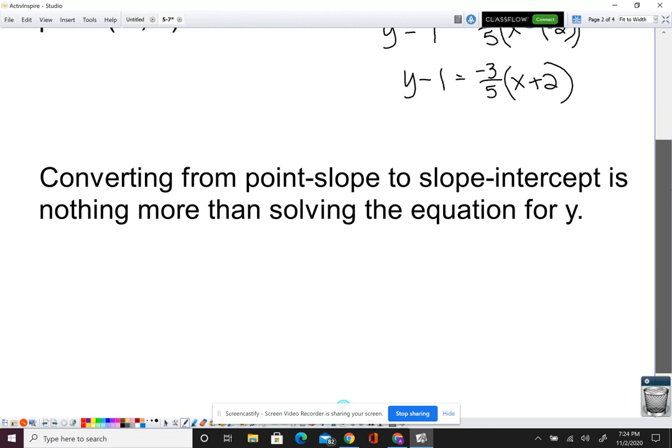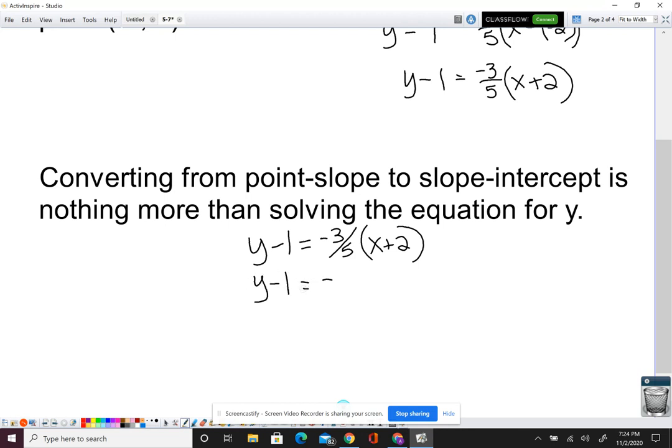But how do we take that equation that's in point slope form and convert it to slope intercept? It's nothing more than taking this equation and solving it for y. So y minus 1 equals -3/5 times x plus 2. So you get y minus 1 equals -3/5 x plus -6/5.